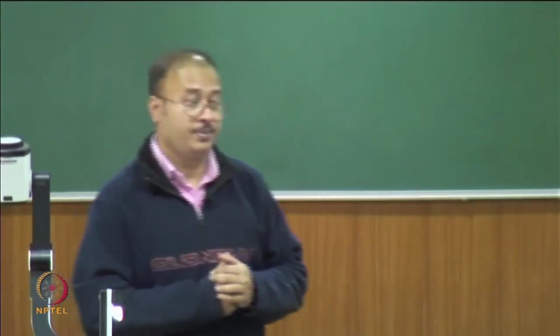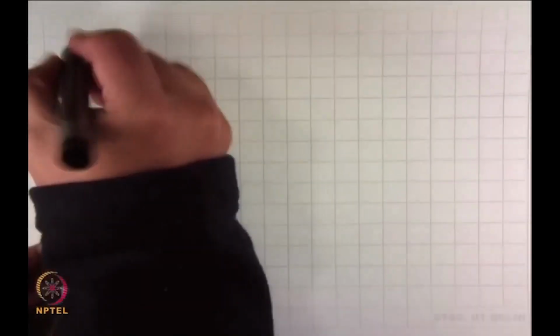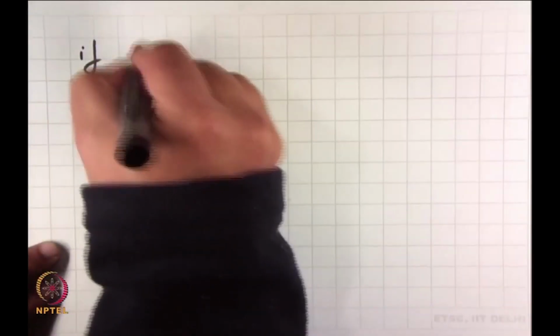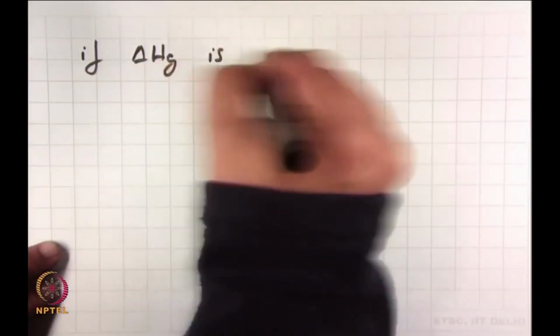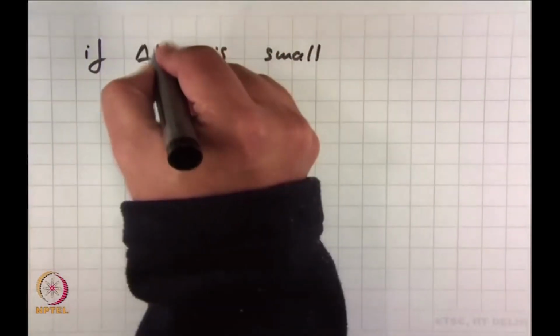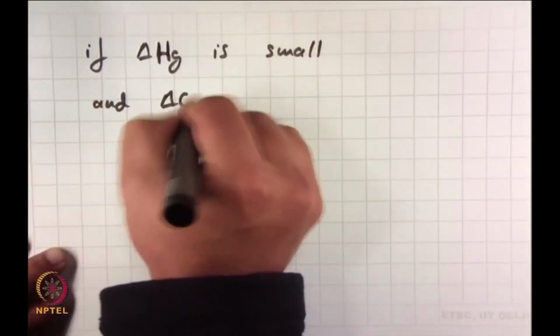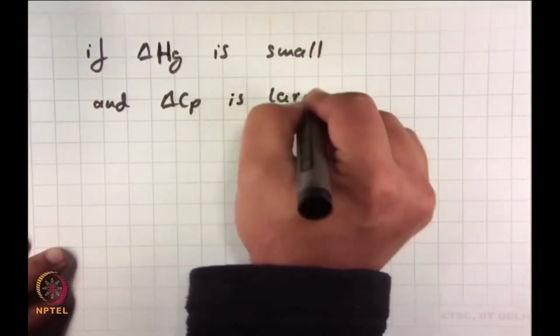What do you get? So, the question is, based on equation 10, if delta H g is small, and delta C p is large.